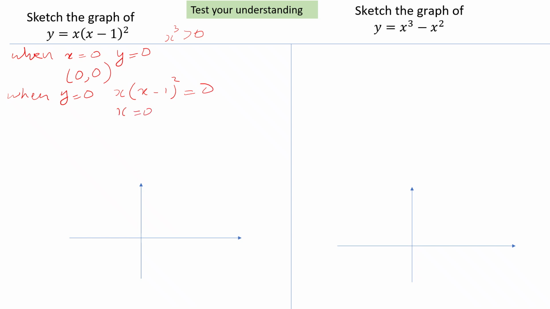So x equals 0 and x equals 1. x equals 1, two same roots. (0, 0) and (1, 0). So the graph starts from the bottom left-hand corner.